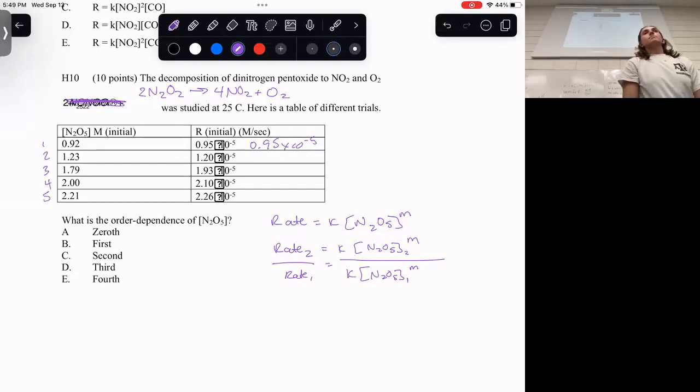Which ones do we want to use? And does it matter? It doesn't matter which two you use, because they're the same reaction.